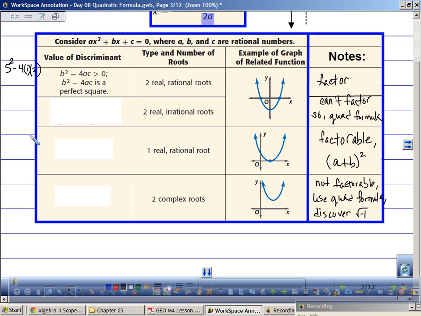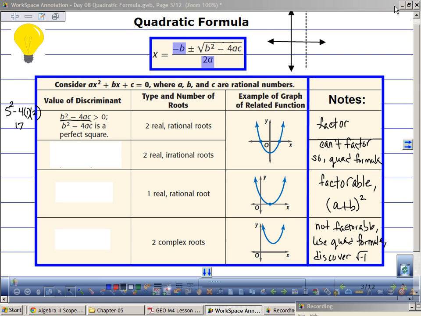What is that? 25 minus 8. What's 25 minus 8? 17. So if I got an answer of 17 when I used b squared minus 4ac, that would tell me I would have 2 roots.